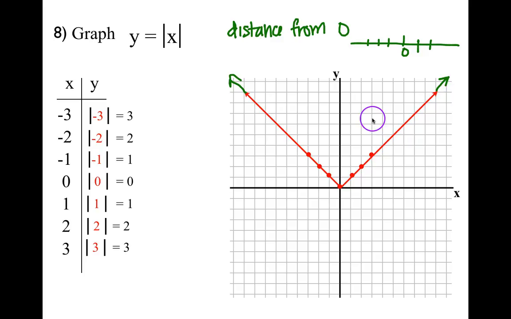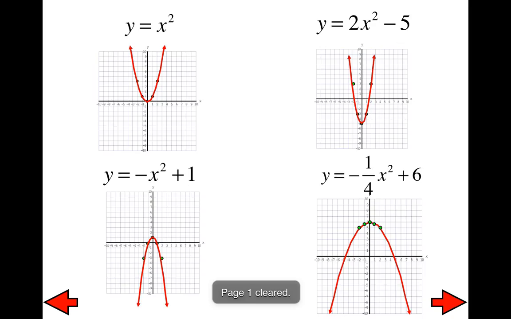Okay, so we're going to go over one more thing before we end today's lesson. I want you to take a close look. Here we have y equals x squared, and then over here we have y equals negative x squared plus 1. I told you in the past we read graphs from left to right.